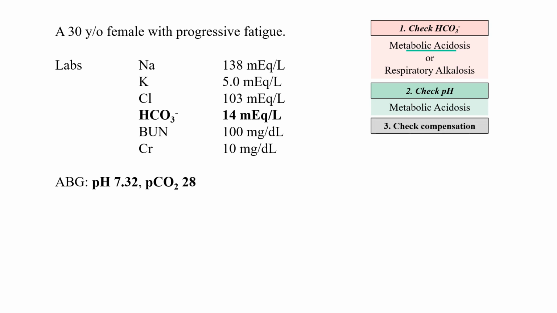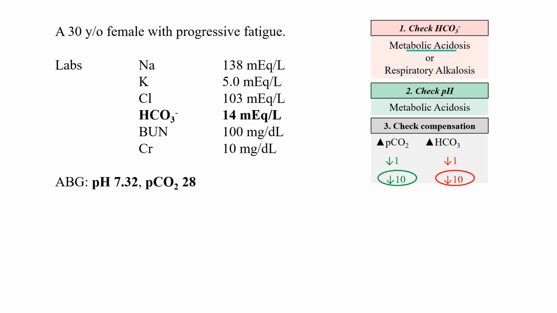Step 3. Check compensation. For metabolic acidosis, every 1 drop in bicarbonate would result in a 1 drop of PCO2. Since the serum bicarbonate drops from the normal 24 to 14, or a drop of 10, PCO2 should also drop by 10.